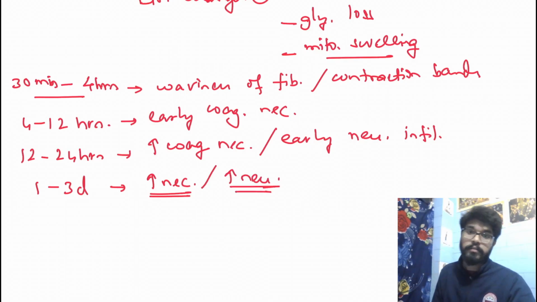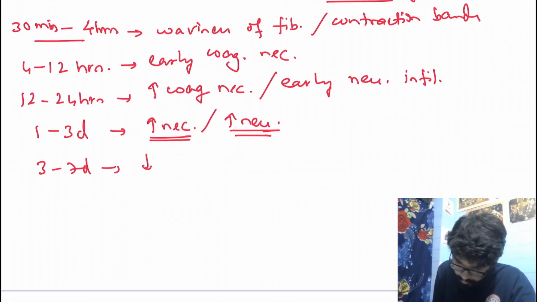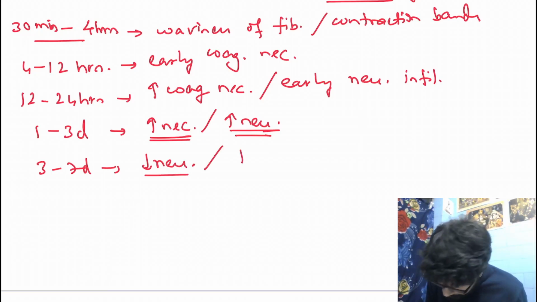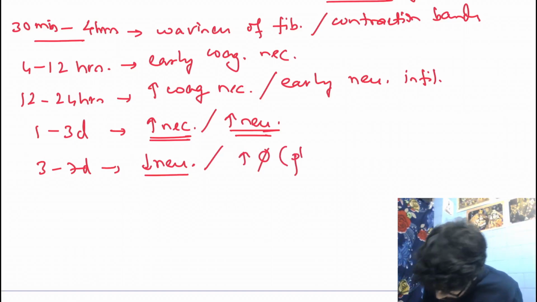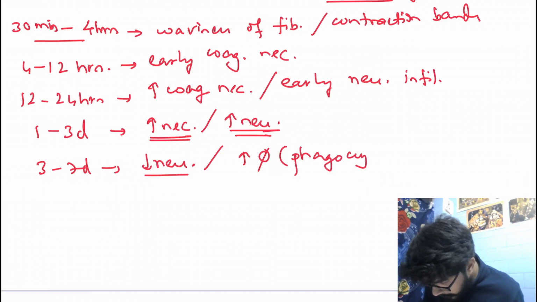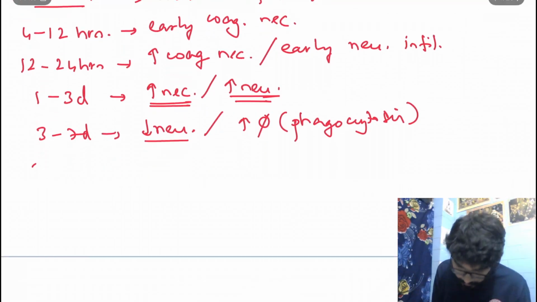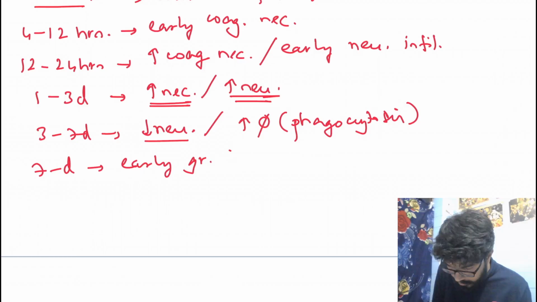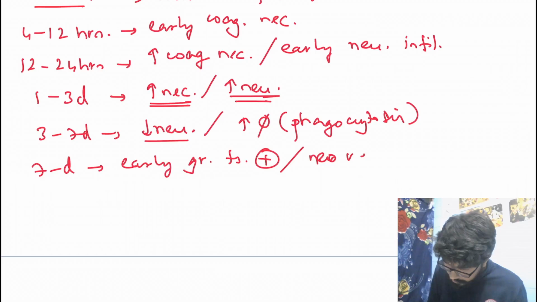Okay. Now from day 3 to day 7, the neutrophilic infiltration starts to decrease and is being replaced by macrophages. There is increase in macrophages, which will cause phagocytosis of the dead cells, of the dead neutrophils as well as the dead tissue. Okay. Now from day 7 to day 10, there is early granulation tissue formation, along with that, we get neovascularization.